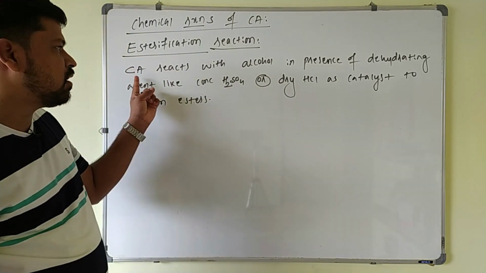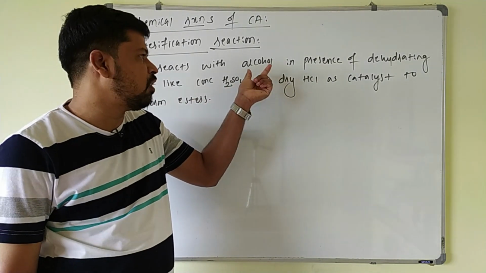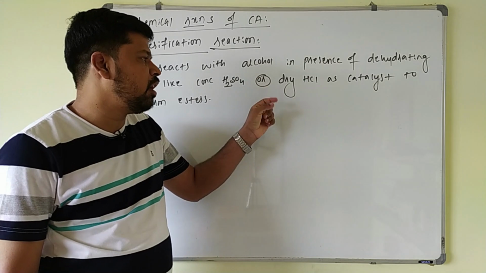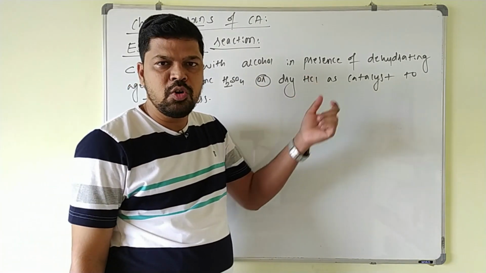Simply, here these carboxylic acids react with alcohol in presence of a dehydrating agent like concentrated H2SO4, or you can use dry HCl as a catalyst, to form what?